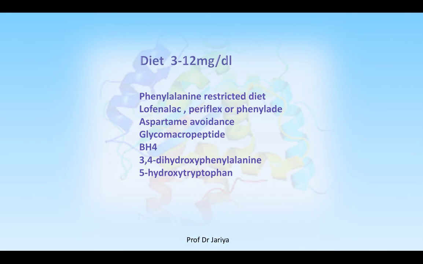The dietary treatment focuses on careful monitoring of phenylalanine intake to provide just enough for protein synthesis without causing phenylalanine accumulation. These preparations reduce the dietary intake of phenylalanine to 250 to 500 milligrams per day while maintaining normal intake of other dietary nutrients.